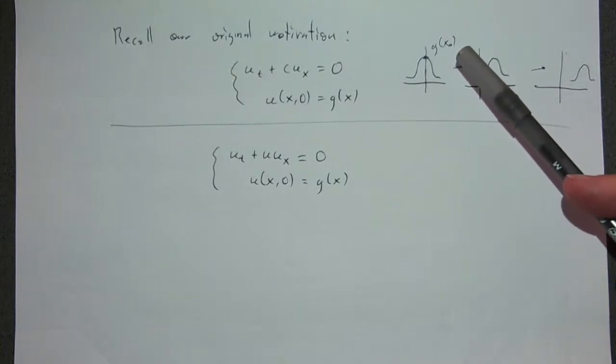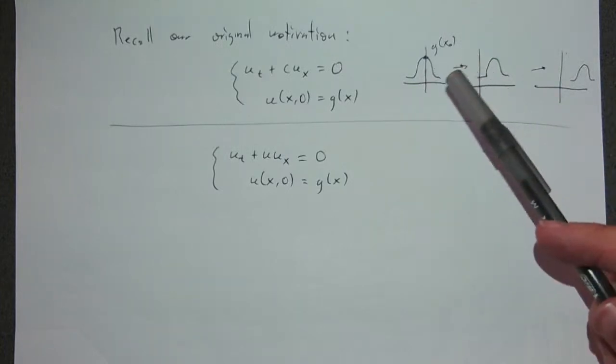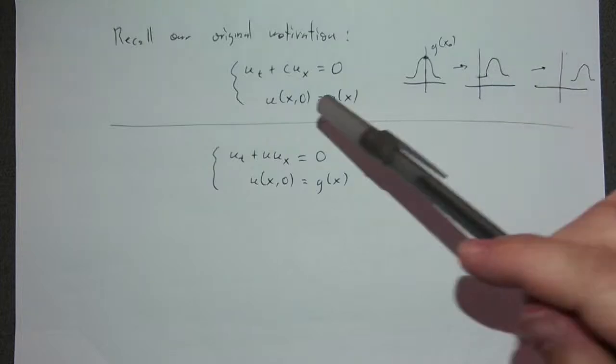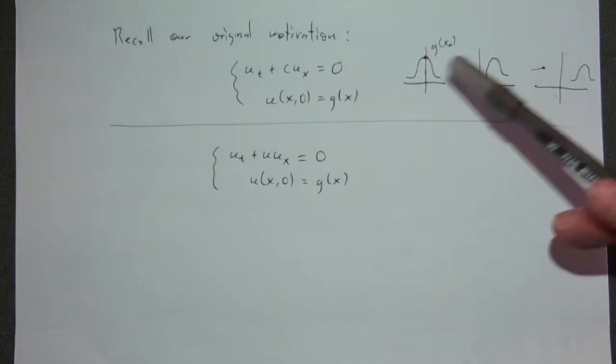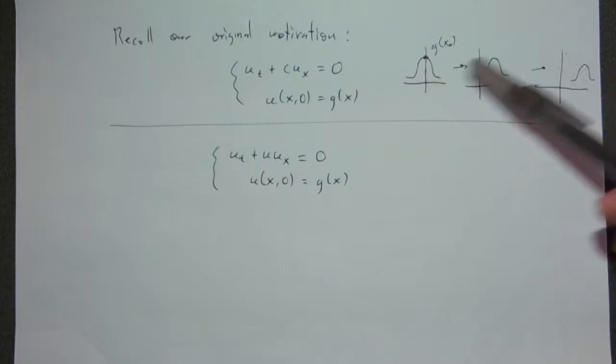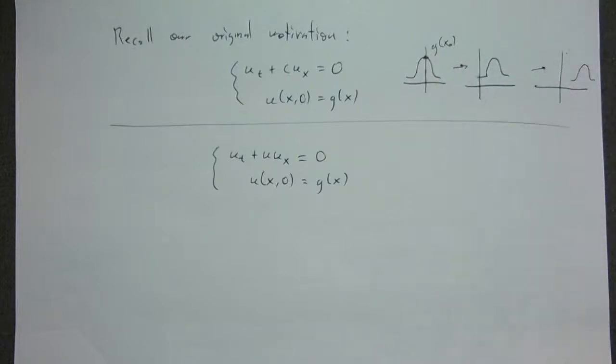That height of this signal is being transported at constant speed through one-dimensional space, with respect to x. And in this case, that height was not altered, and the overall shape wasn't altered as this thing was transported.